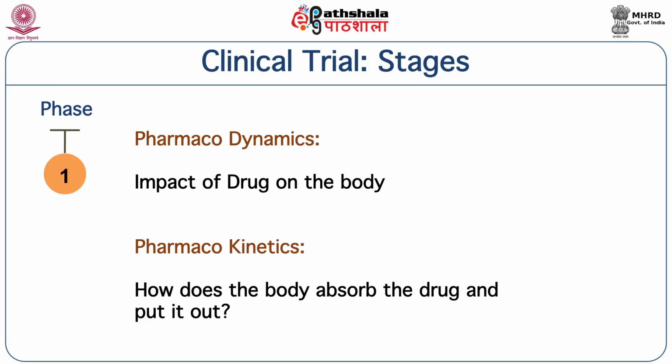Pharmacokinetics is very important because the integration of how the drug works in the body and how the body absorbs it gives certain biological processes that help drug development. So phase 1 trials are very intense.